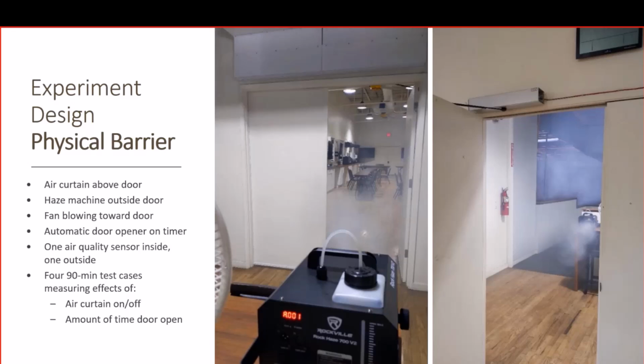We also have sensors with lasers to identify the particle size and also the concentration of smoke, both inside and outside, under various different test conditions. The air current parameters were changed. We have an automatic door opener which can simulate high traffic, low traffic, and whether the door is completely open or partially open. We tried a whole bunch of parameters. Can you go to the next slide?